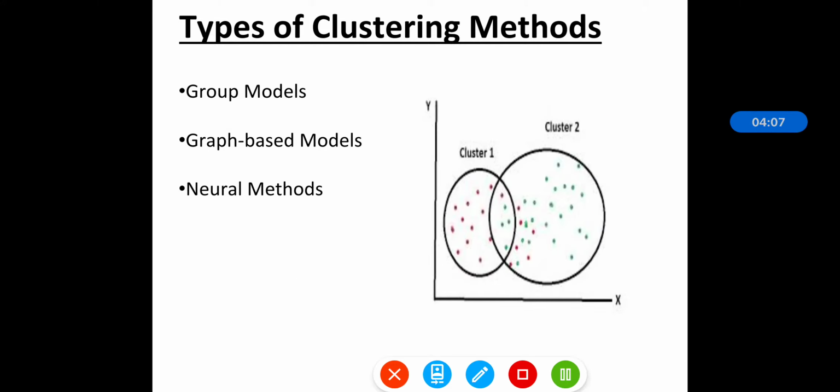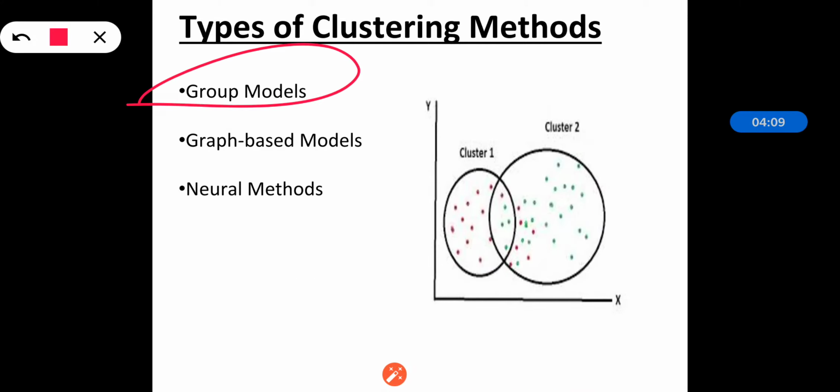Now the next one is the group model. Some algorithms do not provide any refined model for their results and just provide the grouping information. At that time this group model is used, where the algorithm does not provide a refined model for the result, but only provides the grouping information.